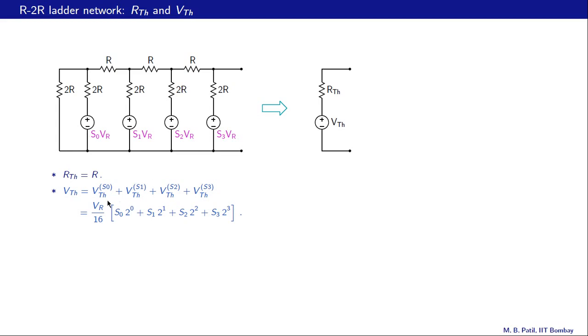So then we get VTH due to S0 plus VTH due to S1, etc. And when we add all of these, we get VR by 16 times S0 2 raised to 0 plus S1 2 raised to 1 plus S2 2 raised to 2 plus S3 2 raised to 3. And we can now use this R2R ladder network and an op-amp circuit to make up a DAC, and we will see that in the next slide.